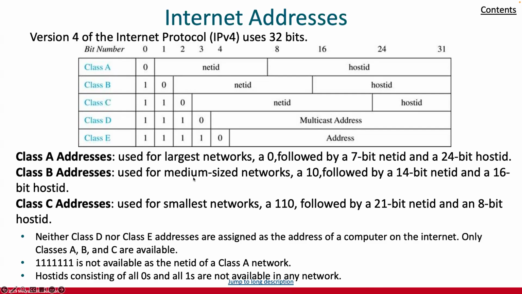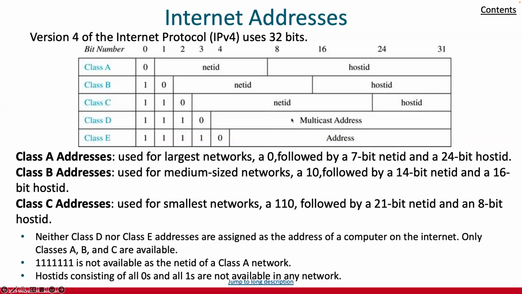Class B is used for medium-sized networks: a 10 followed by a 14-bit net ID and a 16-bit host ID. Class C addresses are used for the smallest networks: 110, followed by a 21-bit net ID and an 8-bit host ID.